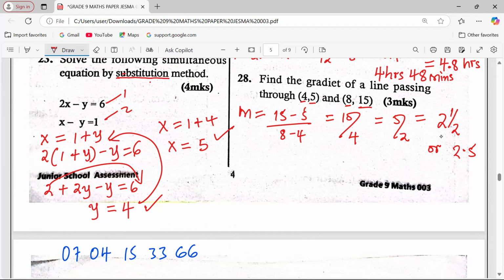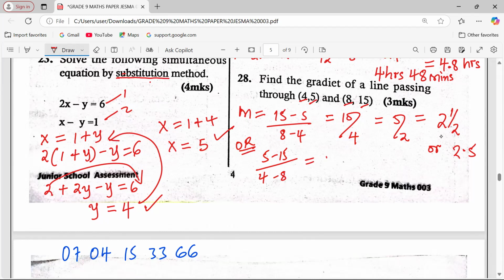So that is the gradient. Remember, I said, and I'm repeating, that when calculating gradient and 2 coordinates have been provided, when it comes to subtraction, you can begin with any coordinate minus the other. This is what I mean. In this working, alternatively, we can begin by taking change in y as 5 minus 15, then 4 minus 8.